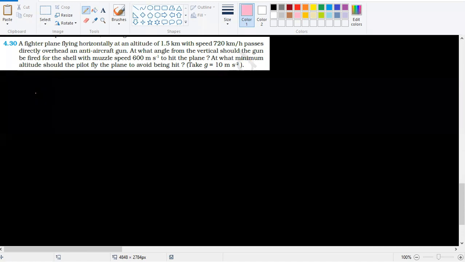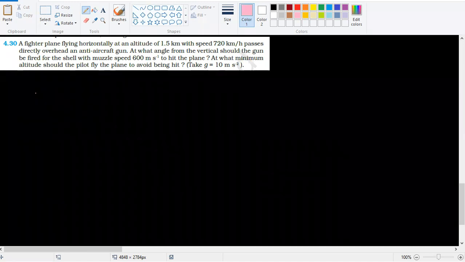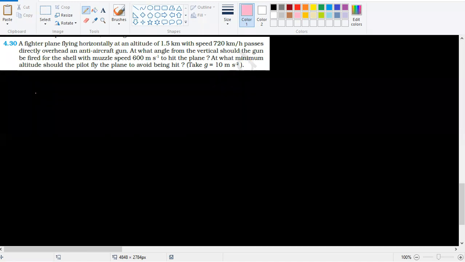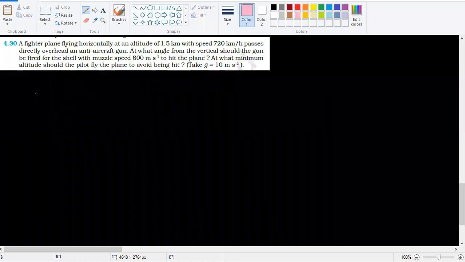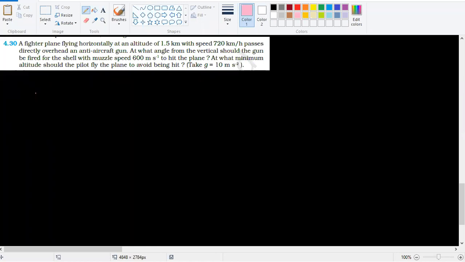At what angle from the vertical should the gun be fired for the shell with muzzle speed 600 meter per second to hit the plane? As I told you in the theory, very often you will get these hitting the target kind of questions, military engineering problems.